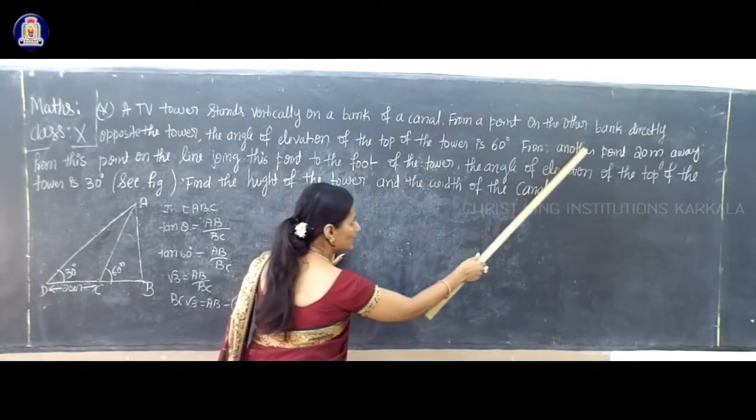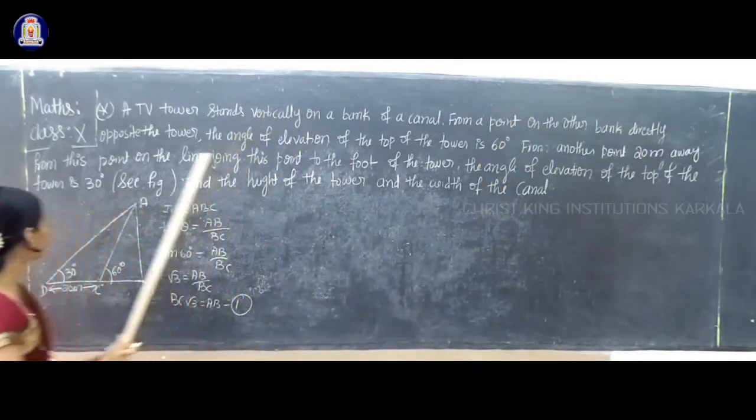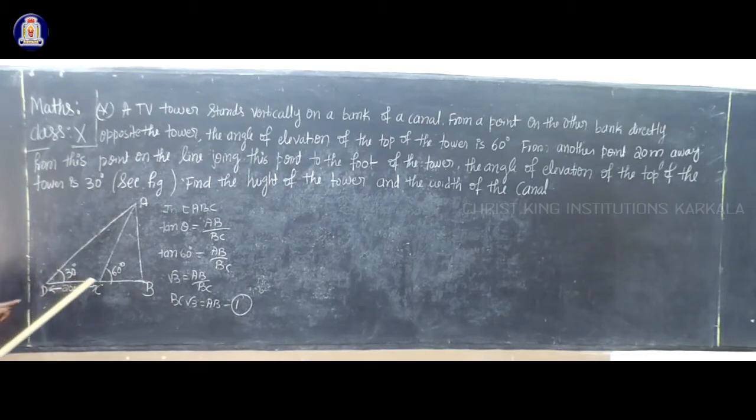Next, from another point 20 meter away from this point. So another point is this point. D is another point. That D is how much distance? 20 meter away from this point, not from the foot of the tower.